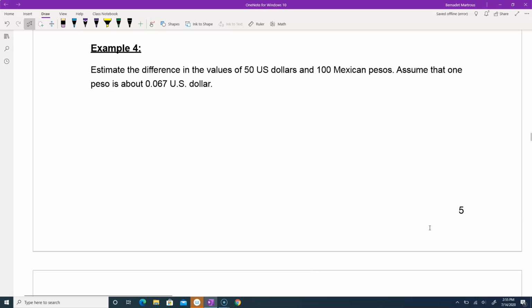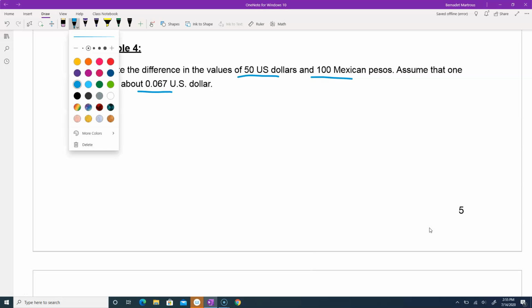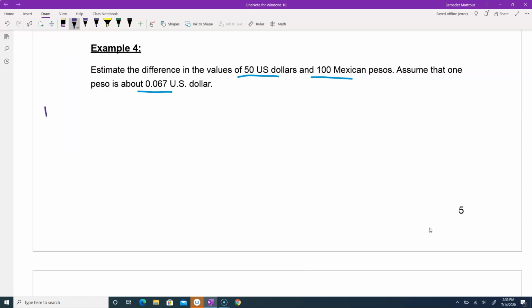Now, example number 4: estimate the difference in the values of $50 and 100 Mexican pesos. Assume that 1 peso is about $0.067. So 1 peso is this much.